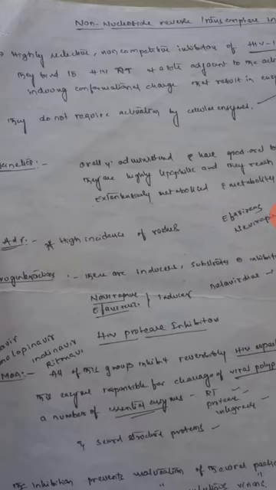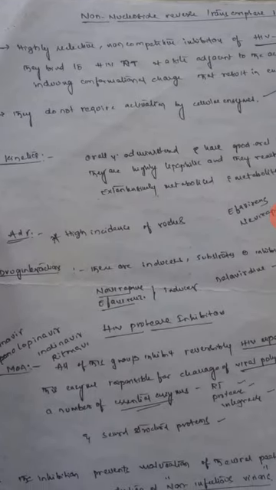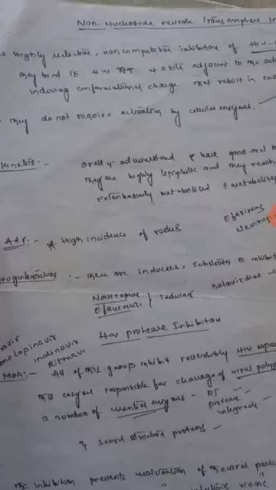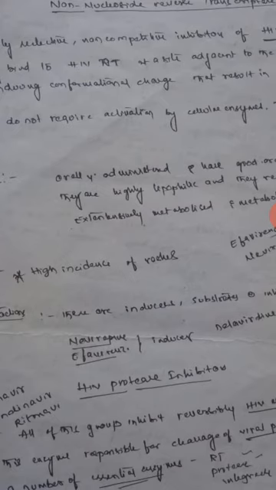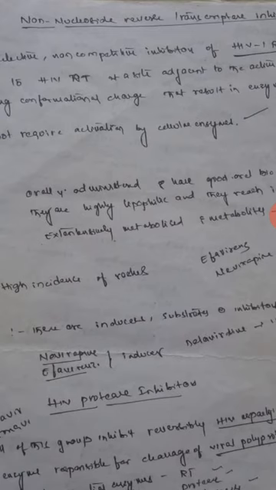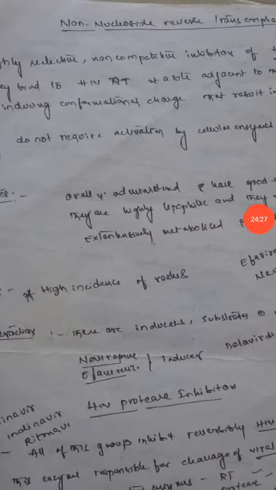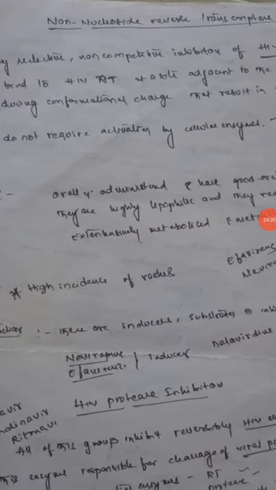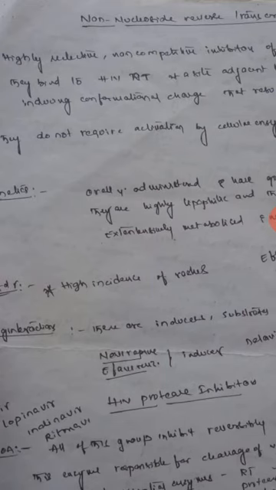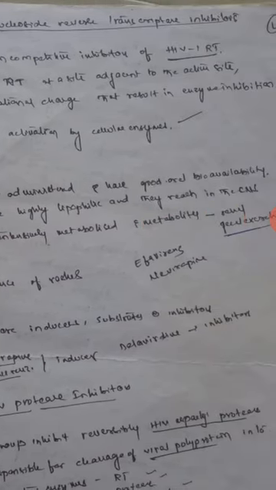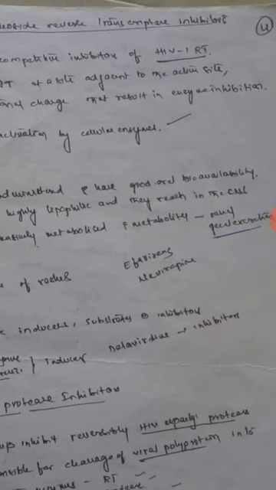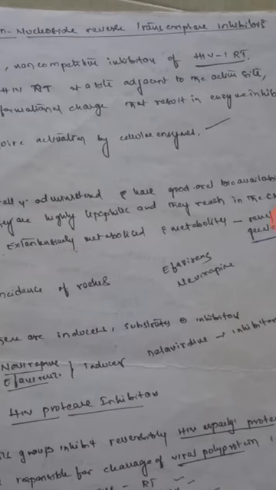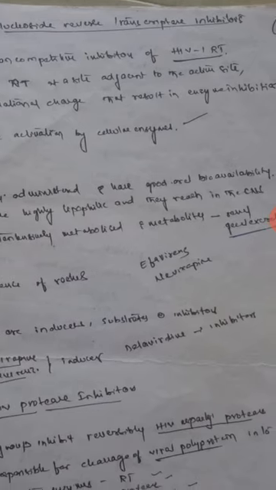But non-nucleoside reverse transcriptase inhibitors are highly selective and non-competitive. Nucleosides compete because they are structurally similar to natural nucleosides. Non-nucleoside inhibitors directly inhibit the HIV reverse transcriptase enzyme.